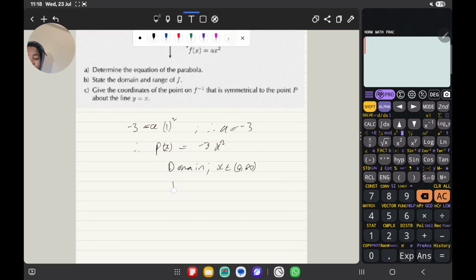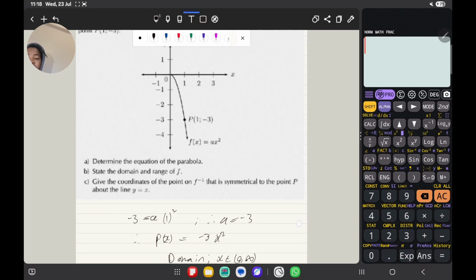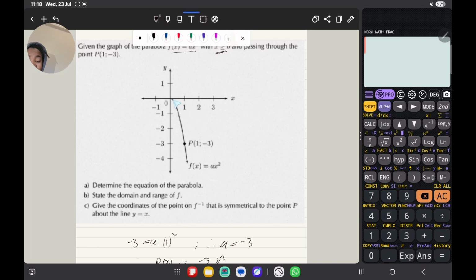So for the range, you would say that y is an element of numbers from negative infinity to 0, because remember, we always start with the smallest. So the range will be from negative infinity to 0.